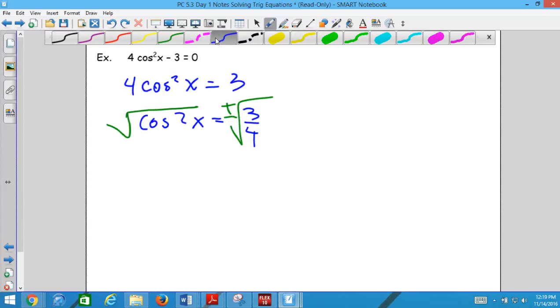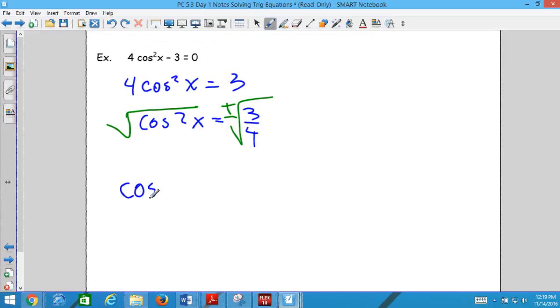So I'm going to simplify this. This is going to give me cosine x, because I square rooted it. On the other side, I have plus minus. And when you square root a fraction, you square root the top and the bottom separately. So I get plus minus square root of 3 over 2. So where is cosine of x either positive square root of 3 over 2 or negative square root of 3 over 2?